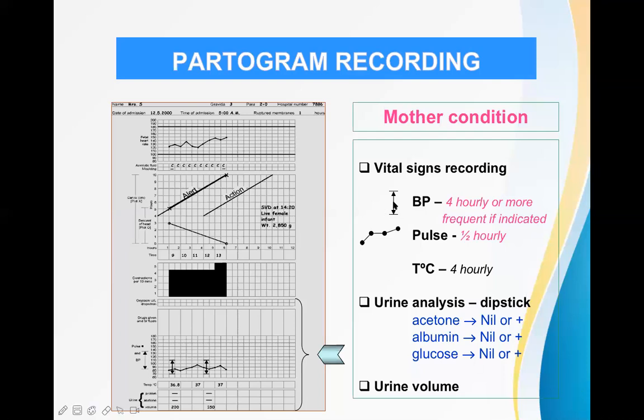I'm sure students can easily understand this, because blood pressure always has two readings, upper and lower, systolic upper, diastolic lower, which you can clearly see here. This lady has upper 110, lower 70, and after 4 hours it is taken again, and it is still the same. So she is not hypertensive. This is not a case of hypertension.